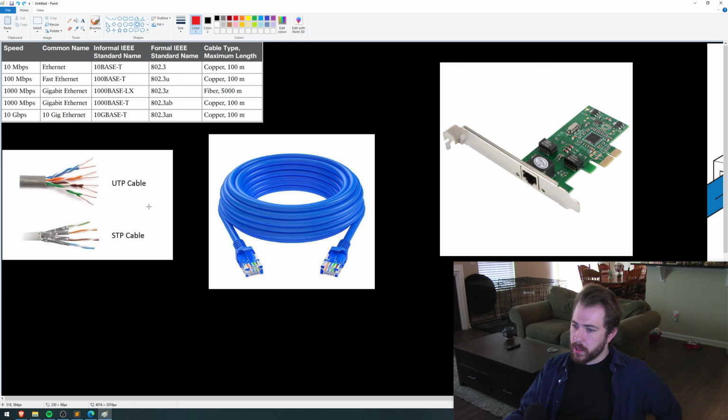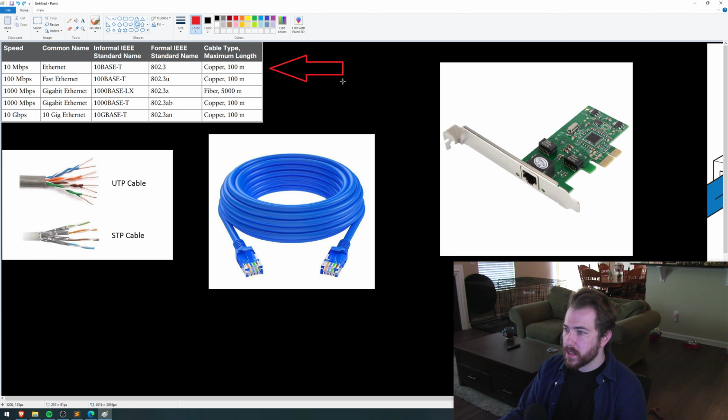But primarily, the shielded twisted pair is surrounded by aluminum foil to help reduce that noise. You normally use these in higher security areas, or when running Ethernet through walls, just to make sure that no outside noise will get into your copper wire.